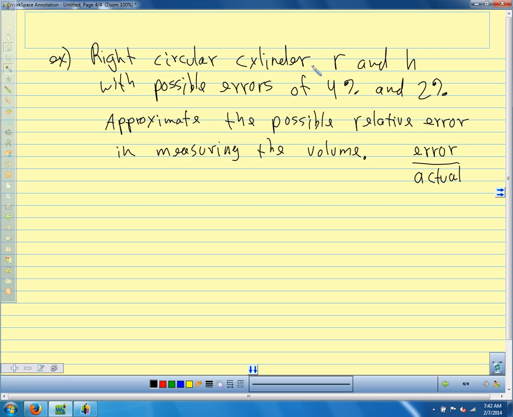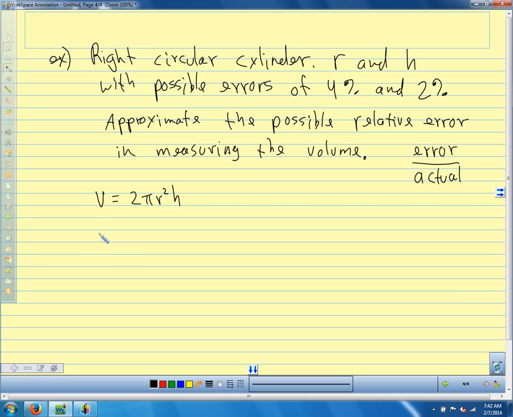Well, the volume is a function of the radius and the height. We know that the volume of a right circular cylinder, hopefully, is pi r squared h. The volume is a multivariable function. So we're going to use our total differential to figure out the possible error in measuring the volume.